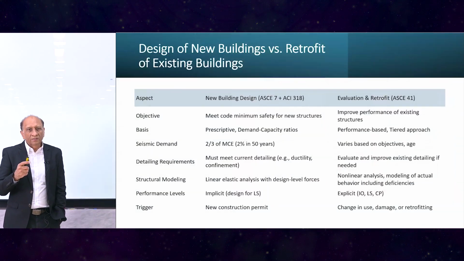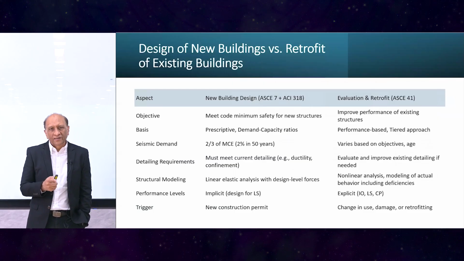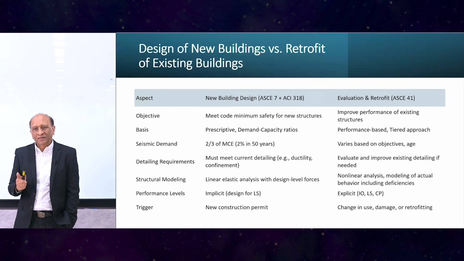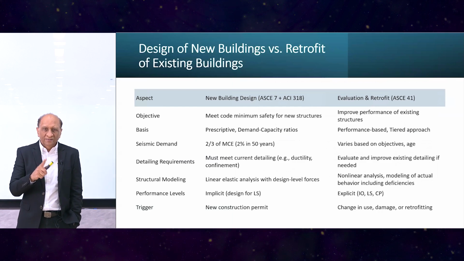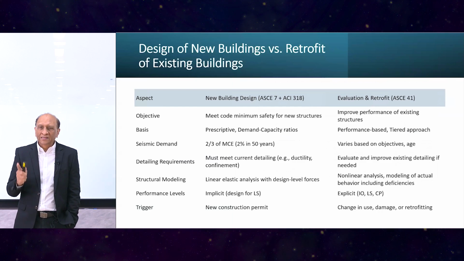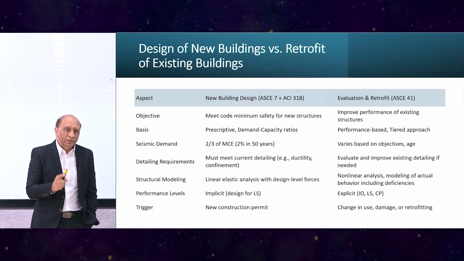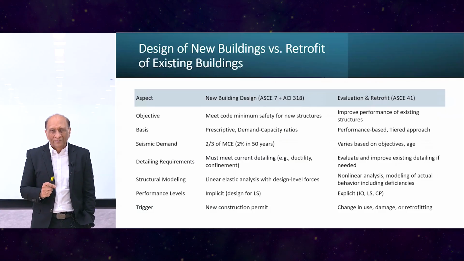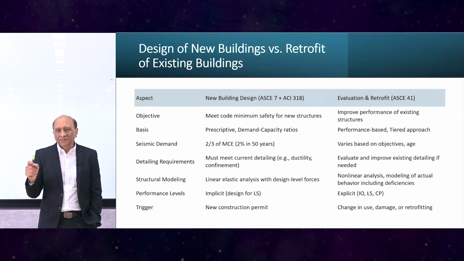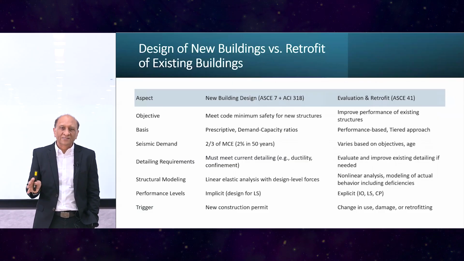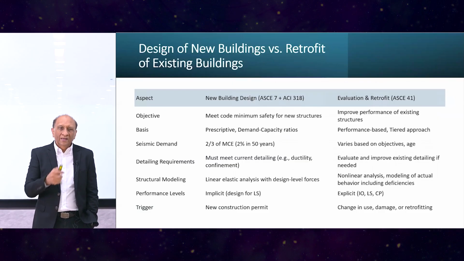Now, we have to compare very carefully what is the difference between a new building design and evaluation and retrofit, between ASCE 7, ACI, and ASCE 41. First of all, the objective is different. In the new building, the objective is to meet the code minimum requirements. But for evaluation, it is to improve performance of the existing structures, not to meet the code requirements anymore. It can't be done.